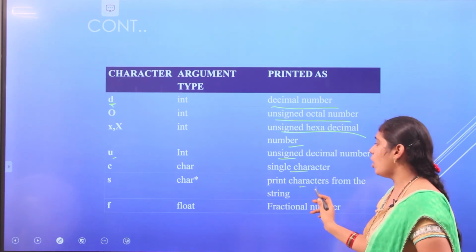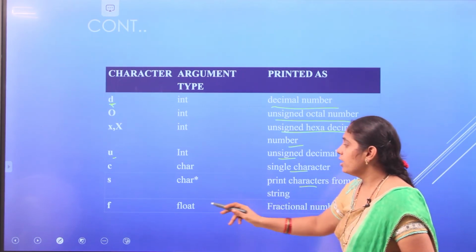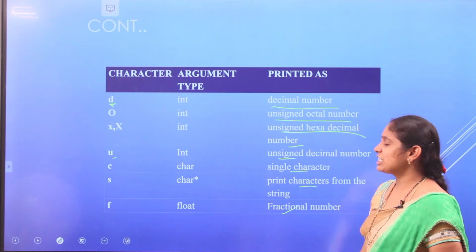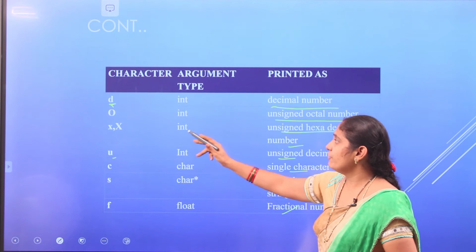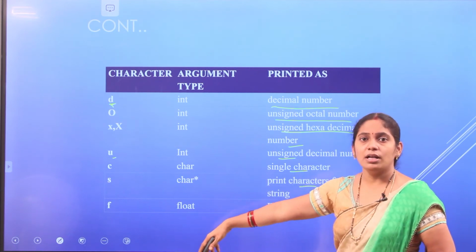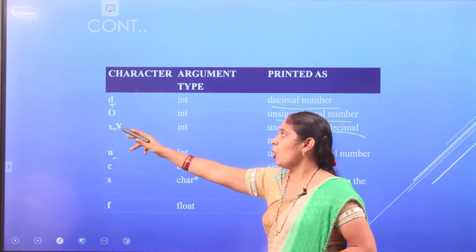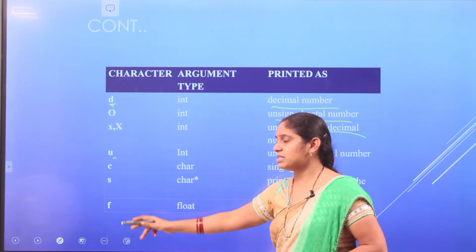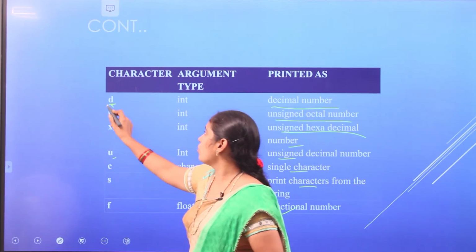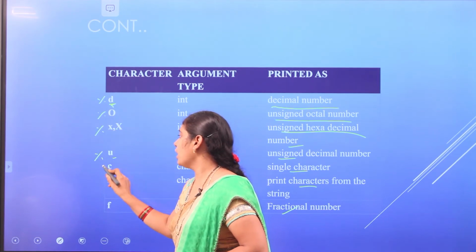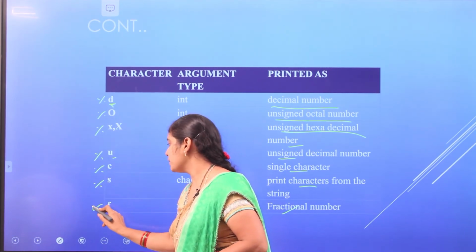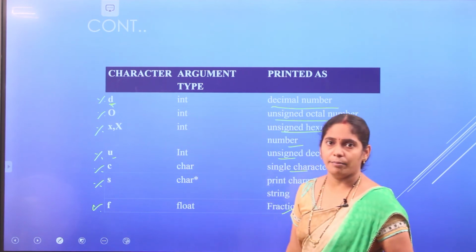S for a group of characters, nothing but a string. F for fraction point or decimal numbers. So likewise, the different format specifiers we have are %d, %o, %x, %u, %c, %s. Before these, we need to keep the percentage symbol when we are using the respective format specifier in the program.